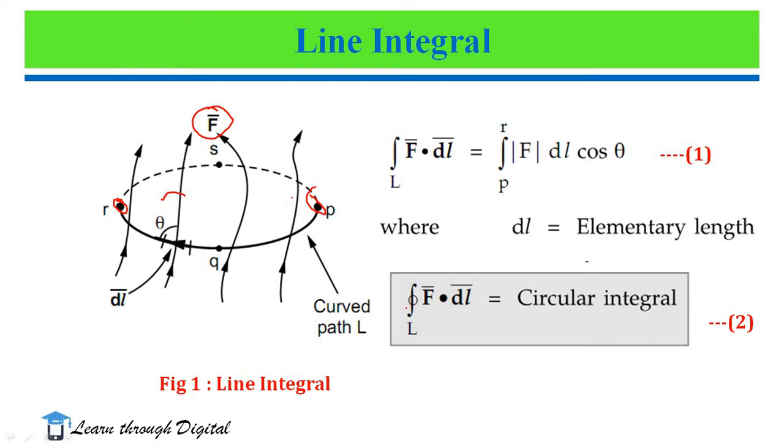So, this is called a line integral of F vector around the curved path L. It represents an integral of the tangential component of F vector along the path L.